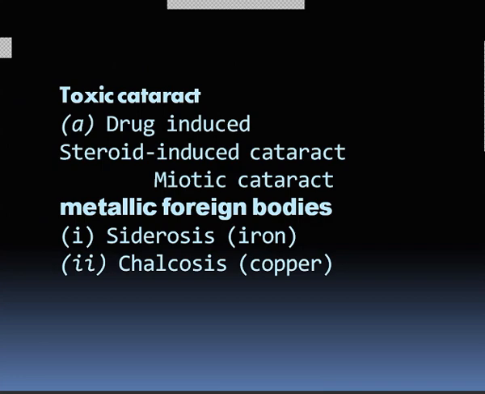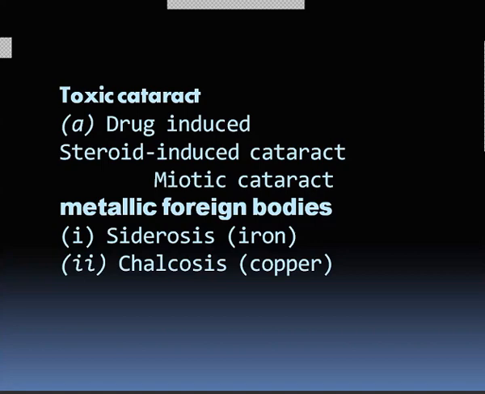When we use steroids for a prolonged period, as in the treatment for uveitis, and for some other reasons like systemic disorders such as SLE, when the physician prescribes steroids for a prolonged period, it may lead to cataract formation, and the miotic cataract.